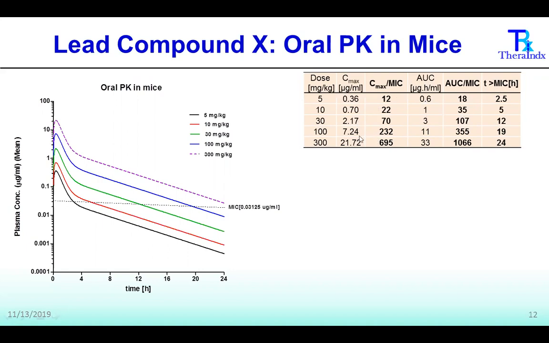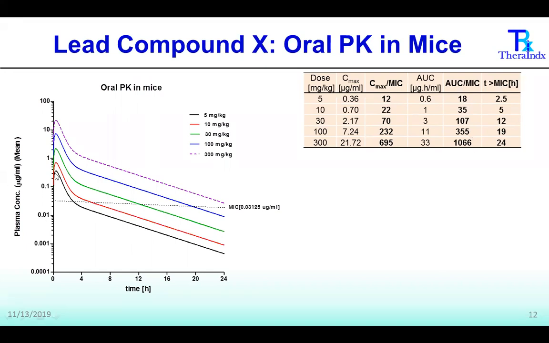How does one interpret this data? If you look at the ratio of the peak concentrations relative to the MIC, you can see that it exceeds the MIC from 12-fold to almost 700-fold. And the AUC by MIC, this is an important parameter in anti-infective pharmacology, also ranges from 18 to 1000.